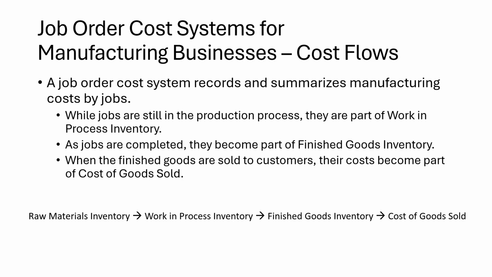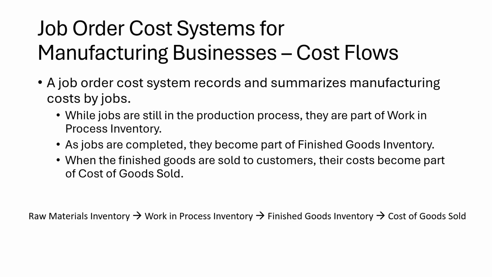So a job order cost system records and summarizes manufacturing costs by jobs. While jobs are still in the production process, they're part of an account called work in process inventory, because that's what they are. They're not just raw materials anymore, but they're not a finished product either. They are somewhere in the middle there.